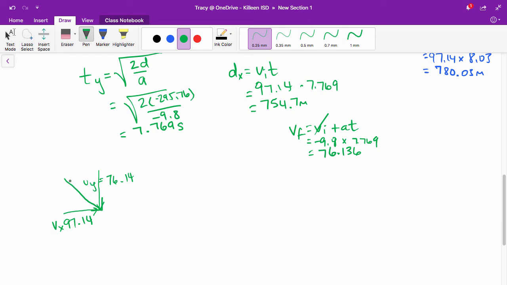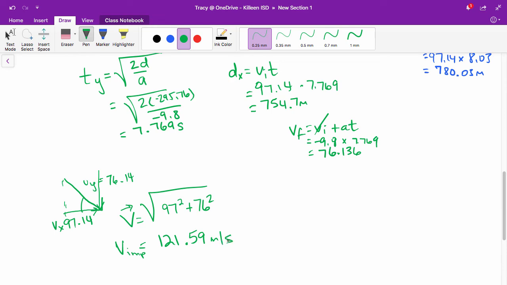And so remember, this basically makes a right triangle. And so the square root of 97.14 squared plus 76.14 squared is going to be my velocity. And that gives me an impact velocity of 121.59 meters per second.